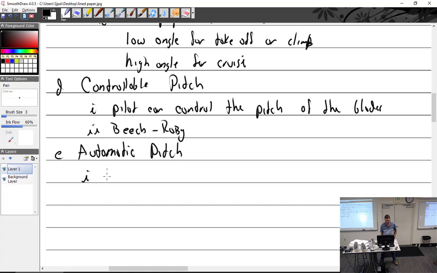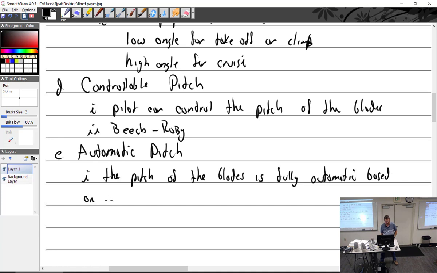So the pitch of the blades is fully automatic, based on aerodynamic loads. The one I'm going to show you, the only one I'm aware of, is the Aeromatic propeller.